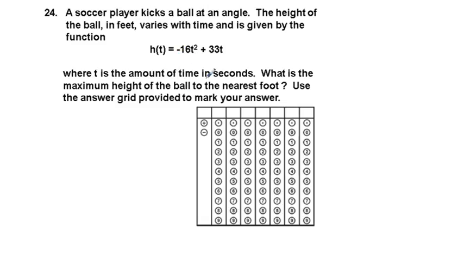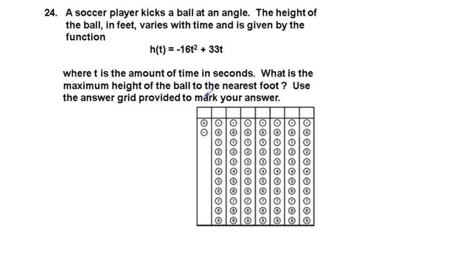So anyway, this one here is really a great type of calculator problem. So we're going to enter this in the calculator and then just graph. And then the question is, what is the maximum height of the ball to the nearest foot? Now, in this type of question, that's one of two things you could be asked for usually.